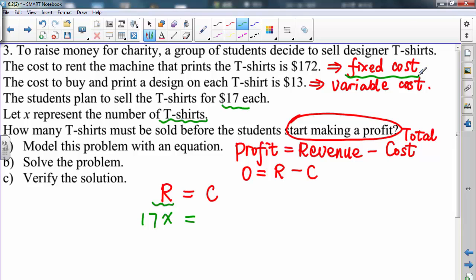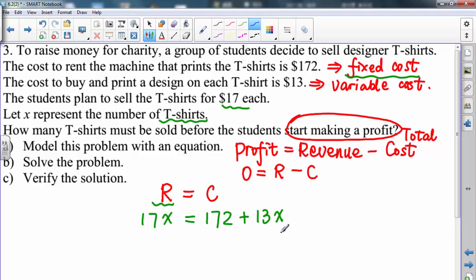The fixed cost is $172 for renting the machine, plus the variable cost. One t-shirt costs $13. x t-shirts cost $13x. So that's how we can build up the equation. Right now, let's solve this equation for x.